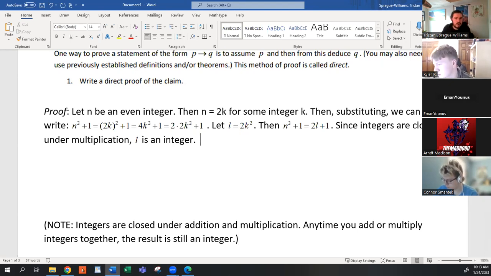Okay, pause. There's a question. How do you know what outside facts you can use in proofs aside from the definitions and theorems that I give you? Good question. It requires a bit of discretion. Basically, anything you've learned in pre-calculus or algebra is fair game.